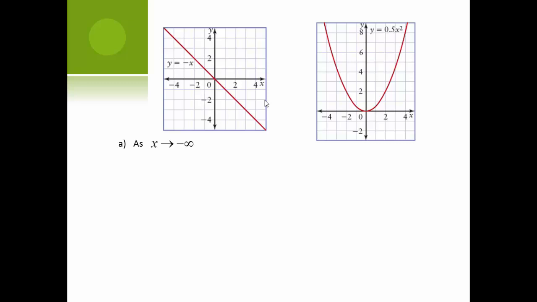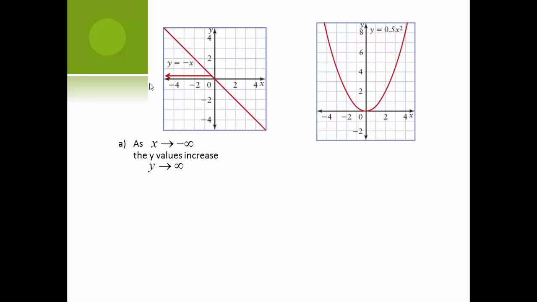So let's look at the first one here. As x approaches negative infinity, what is happening? As we go further and further to the left, the y values are getting bigger. So we say y approaches infinity.